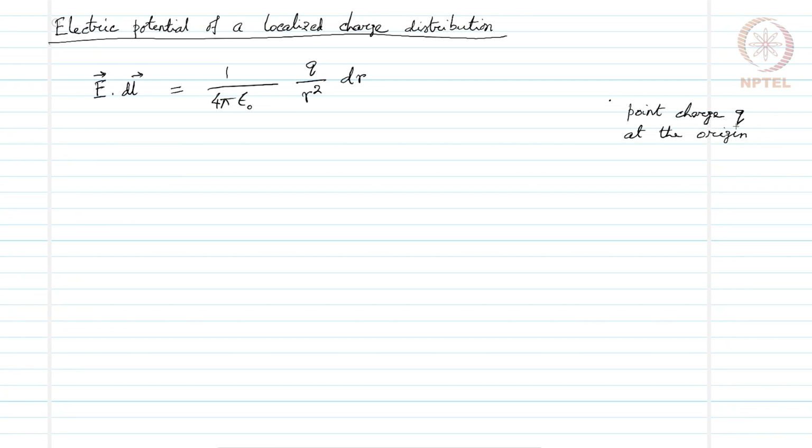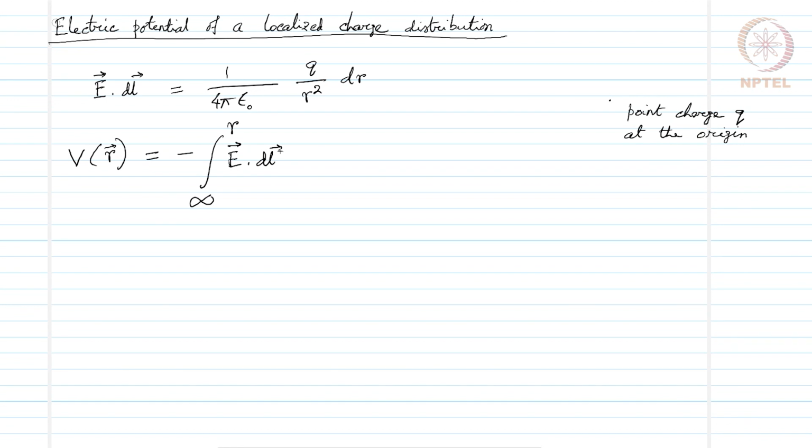With the reference set at infinity, we can write the potential due to this electric field as minus integral from infinity to r of E dot dl, where r is our point of observation where we want to find the electric potential.